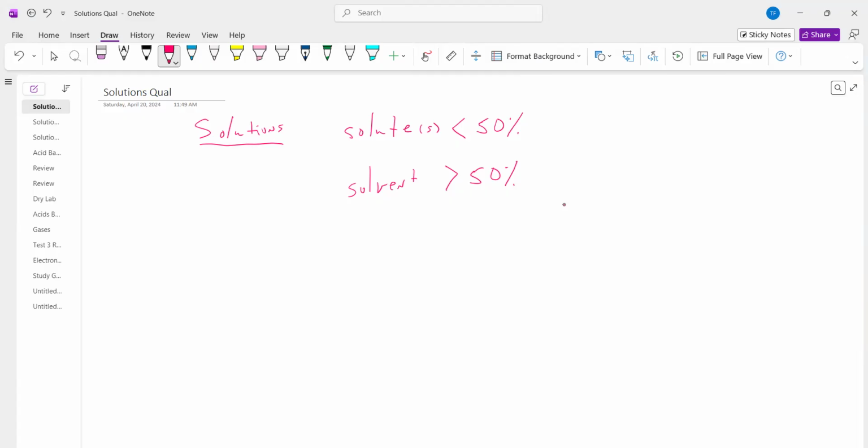So sugar and water. What would be the solvent? Water. If the sugar is the solvent, you got one crazy sweet drink.